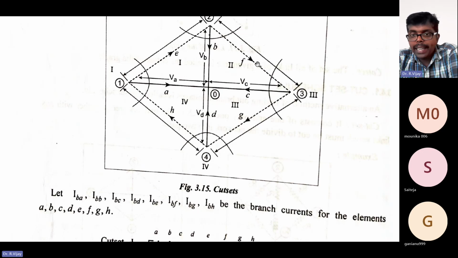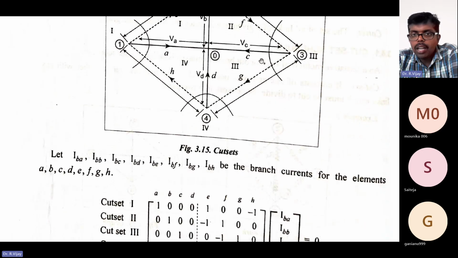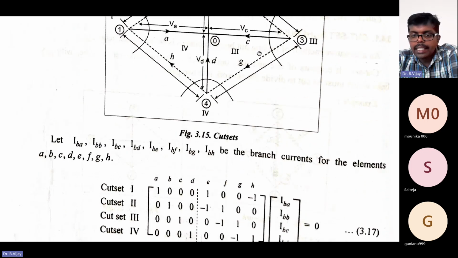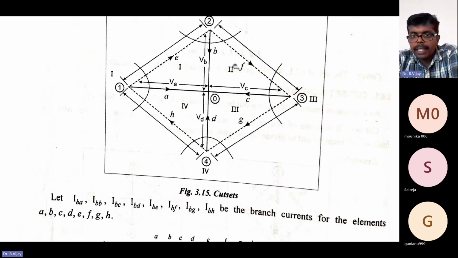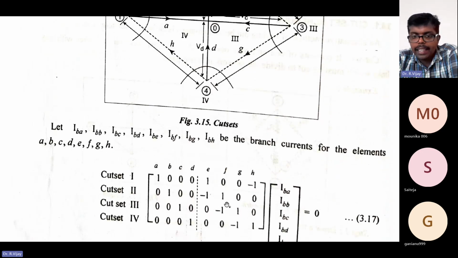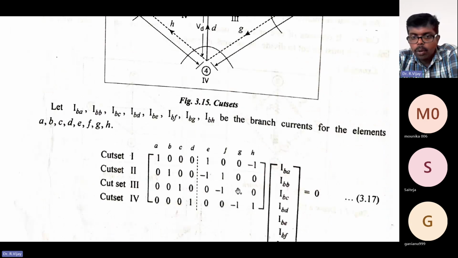So F is coming inside, so that is -1. C and G are going outside, so that is 1. Rest are all 0.